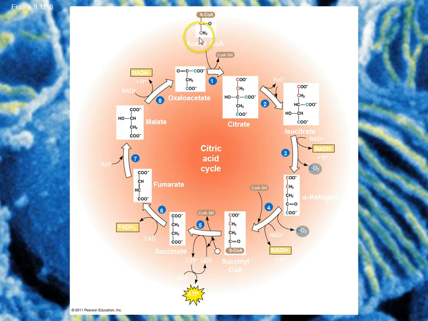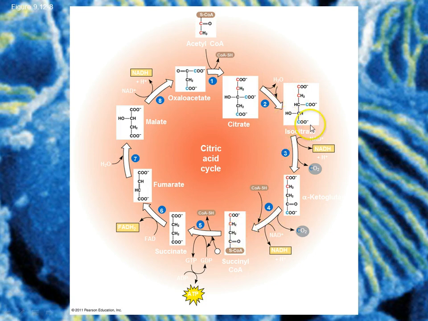For every 1 molecule, that joins up with this molecule here, oxaloacetate. That oxaloacetate has 4 carbons in it. Those 4 carbons are then joined with the 2 carbons, and we end up with a 6-carbon molecule called citrate. Citrate goes through a series of steps. Along each step is an enzyme that does these jobs.